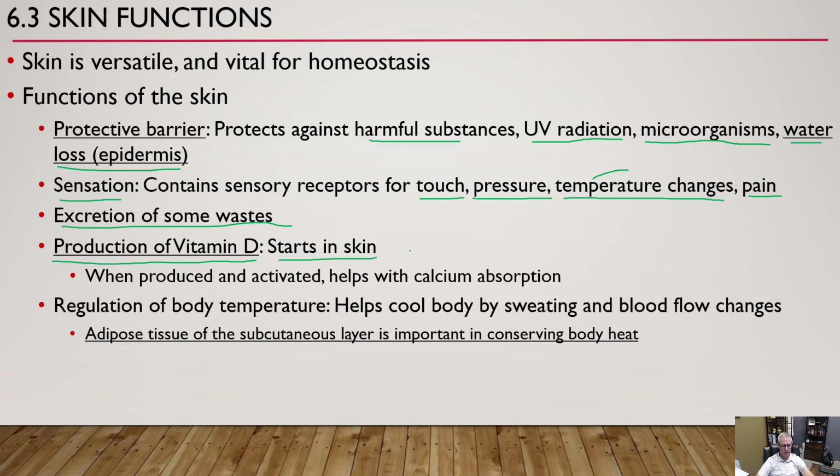If you live in Miami, all you need is about 45 seconds to a minute of sunlight exposure to get the amount of vitamin D that you're going to need for the day. If you are outside shoveling snow in Maine and you only have this much of your face exposed, you need about 5 minutes of sunlight per day to get the amount of vitamin D that you're going to need for the day.